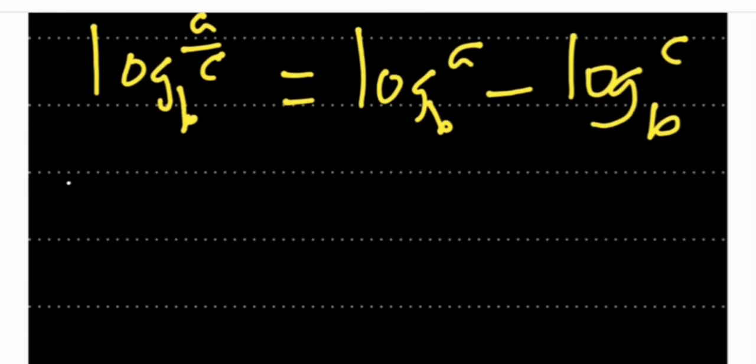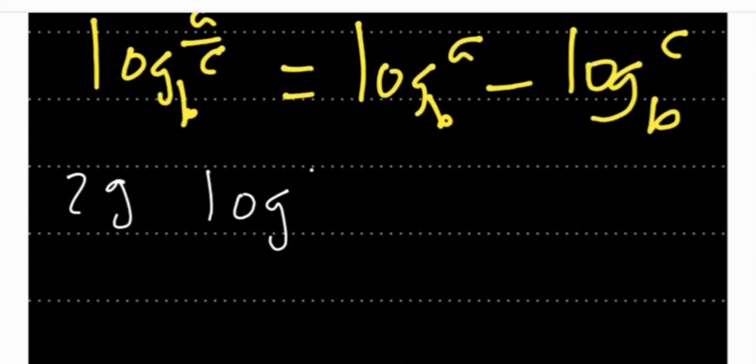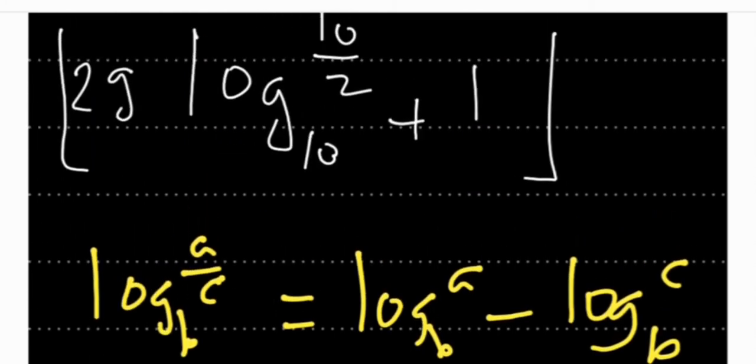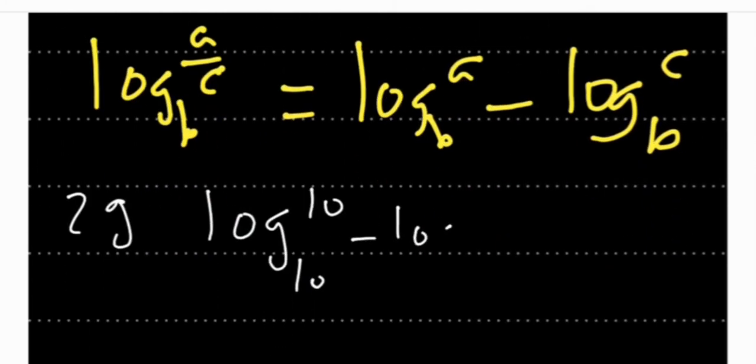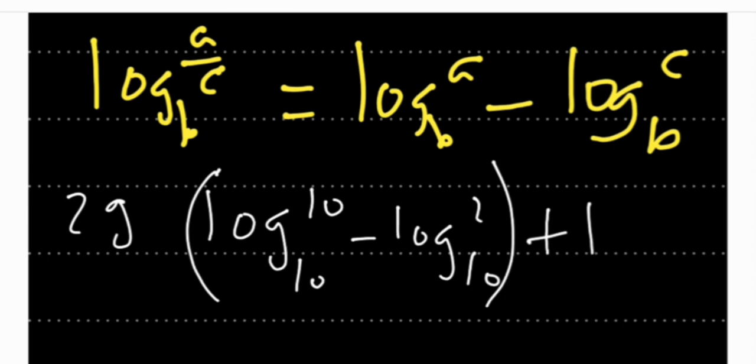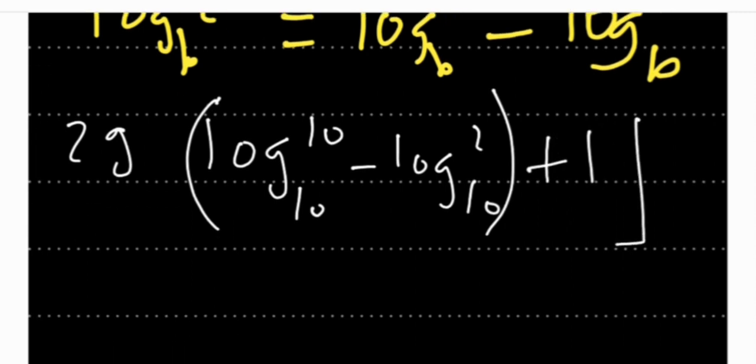So 29 times log of 10 in the base of 10 minus log of 2 in the base of 10. There are parentheses over here, plus 1. Remember that this plus 1 was to correct our error when we are doing the logarithms.